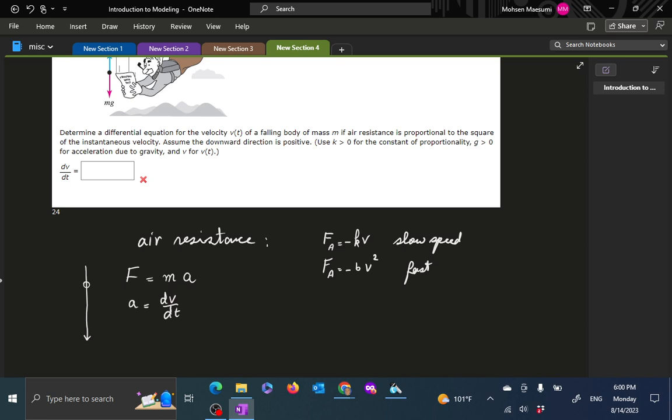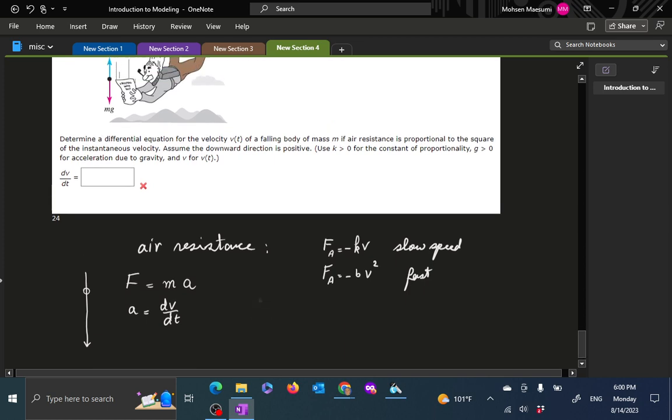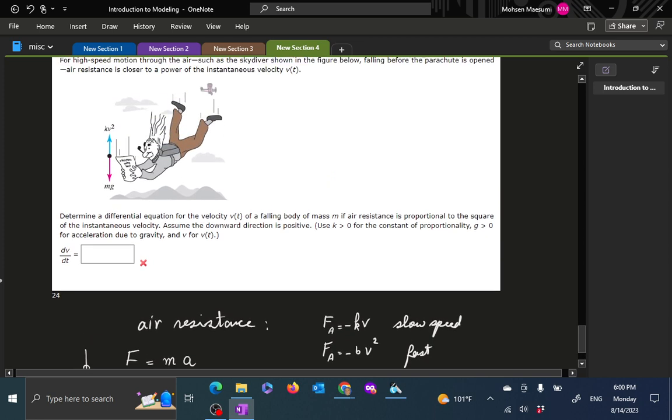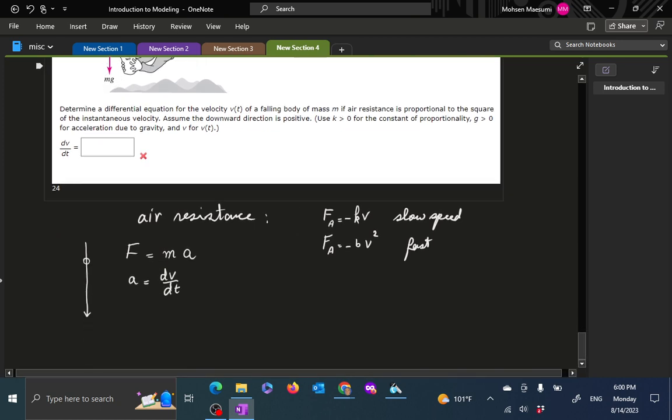What is m? m is the mass, and we are assuming that the mass of Mr. Einstein is a constant. What is the force? Well, there are two forces. One is that he is falling and a force of gravity is pulling him down, and that force is mg.